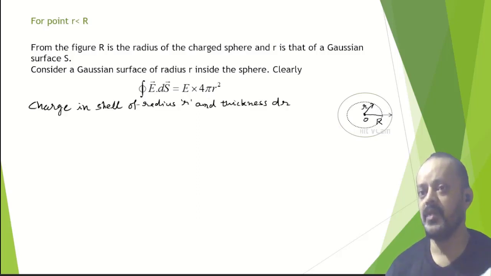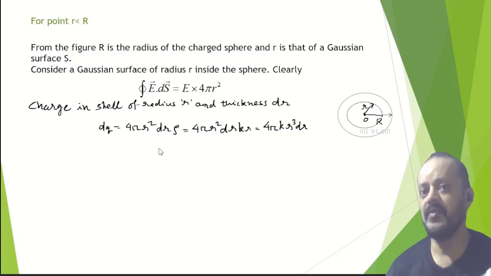To obtain the value of charge inside the Gaussian surface, we consider a shell of radius small r and thickness dr. So the value of dq, the charge on the shell of radius r and thickness dr, will be 4 pi r square multiplied by dr. That will be the volume of the shell, and it will be multiplied with the volume charge density rho.